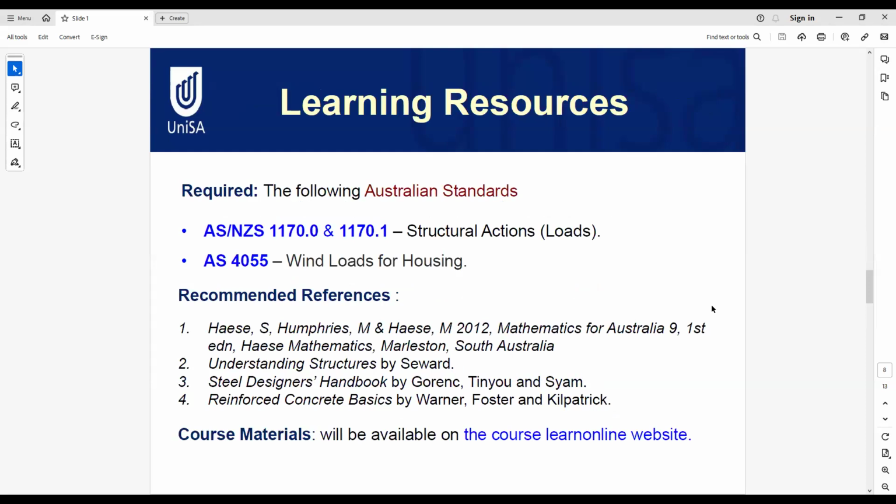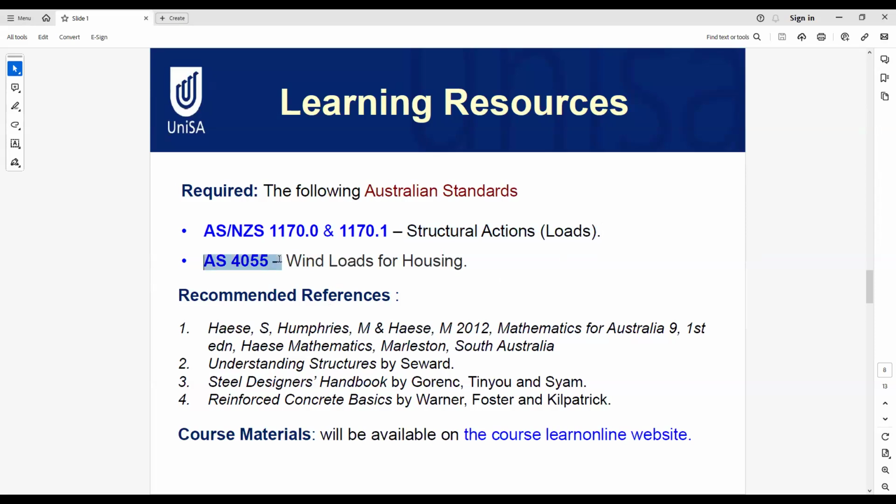And here is a list of some of the learning resources we will be using. We will need to use some of the Australian standards that will help us in the design and calculation of loads. The main ones are AS 1170.0 and 1170.1, which deal with the structural actions of loads like dead load, live load, and so on, and also the load combinations between the different types of loads.